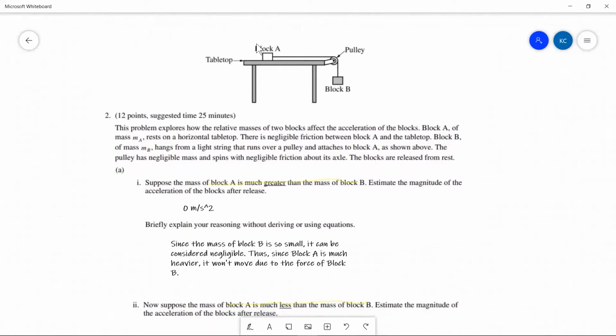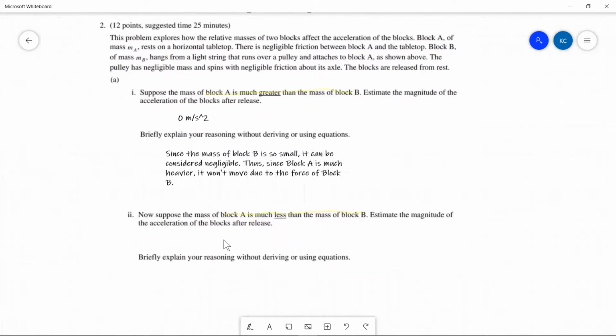So if we think about it, block A, if it's so small, then it's almost like there's nothing there. That means block B will just be hanging. There's no tension, there's nothing holding it up. That means it'll just fall to Earth. That means it'd probably be close to 9.8 meters per second squared, which is acceleration due to g, or gravity. So we can write that here for part 2. We can say close to g, or 9.8 meters per second squared.